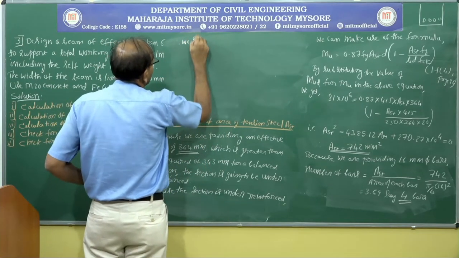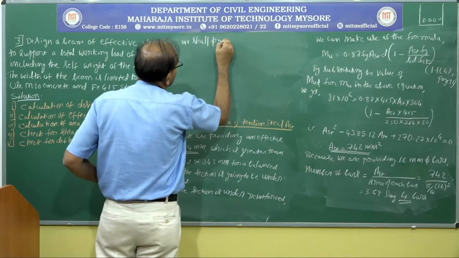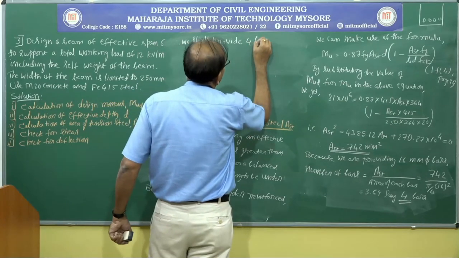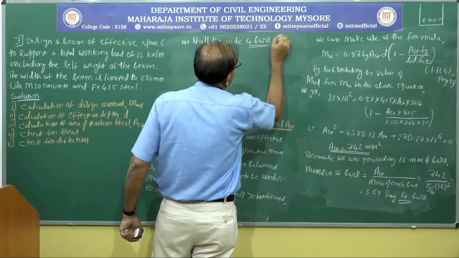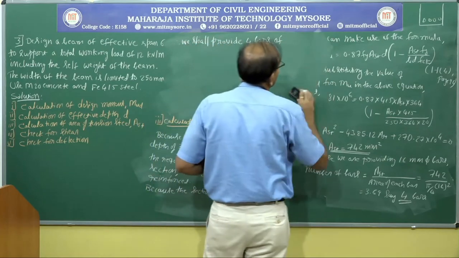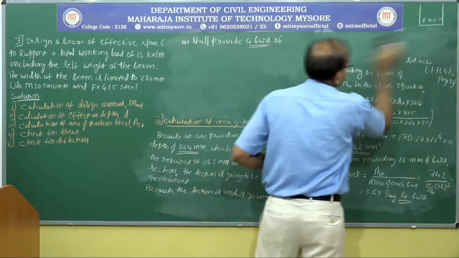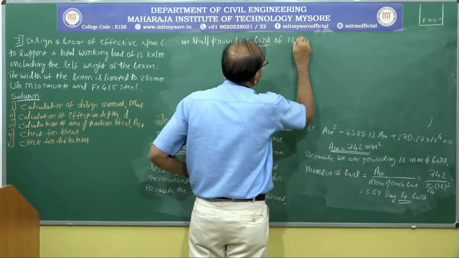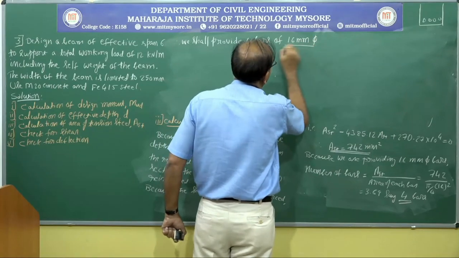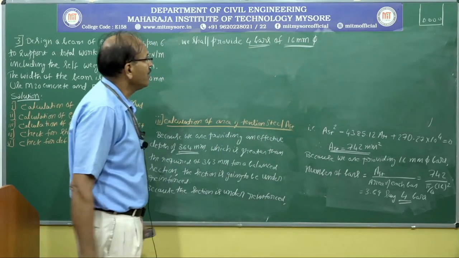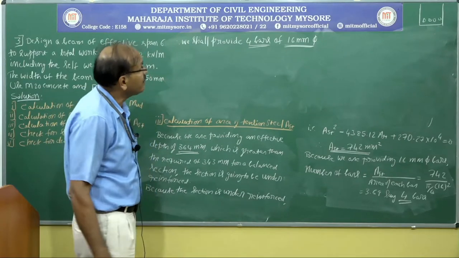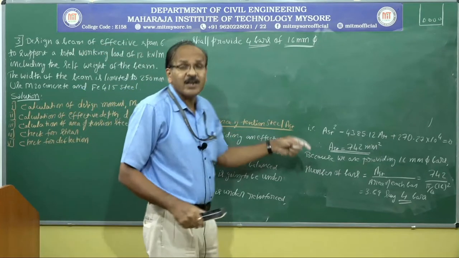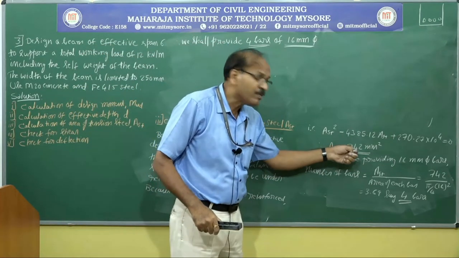Therefore, we shall provide 4 bars of 16 millimeter dia. Okay, 4 bars of 16 millimeter dia. Now, the actual area of steel provided is going to be more than this.